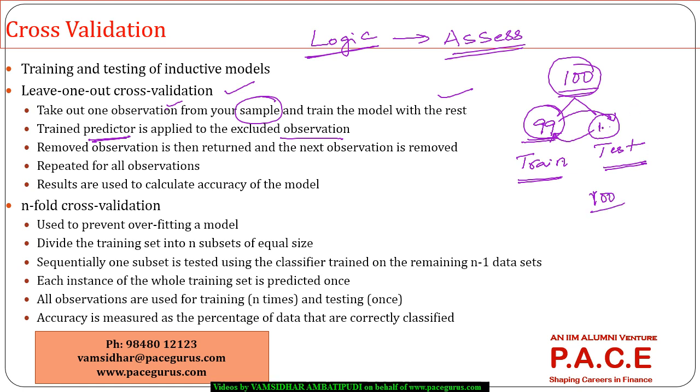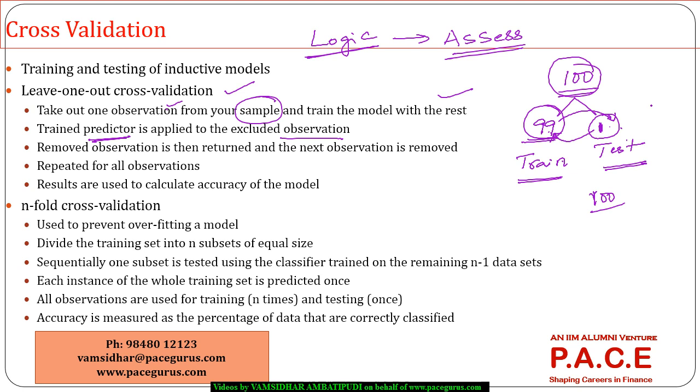Here the first one is excluded and the remaining 99 are included. Then the second one is excluded, and the remaining 99 are included in the training model. Like that, this test is performed 100 times, once for every observation.